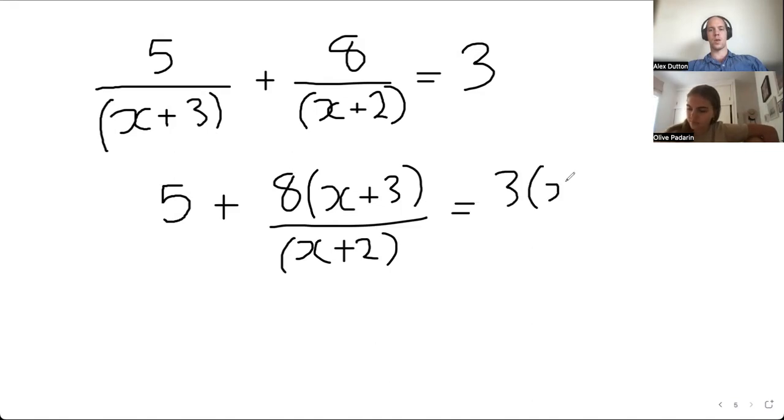Can you see it? So it just cancels the denominator on the left, on that 5. Can you see everything here has been multiplied by x plus 3? Then you just go and do the same thing with x plus 2. Okay.